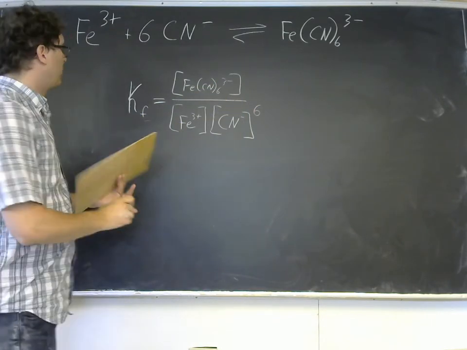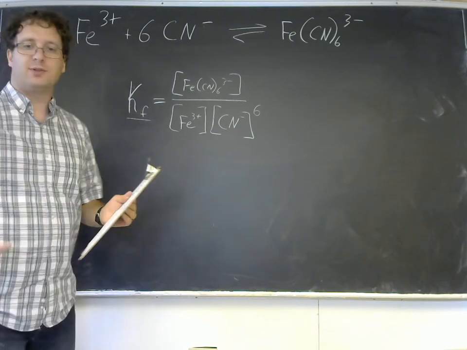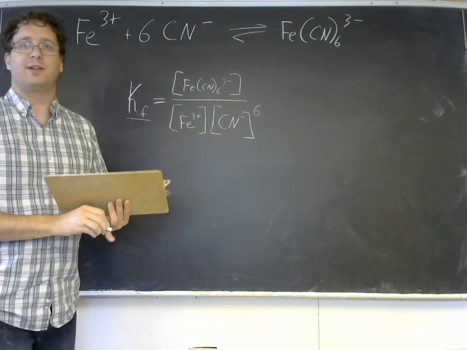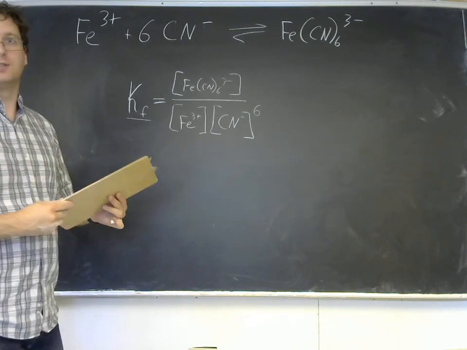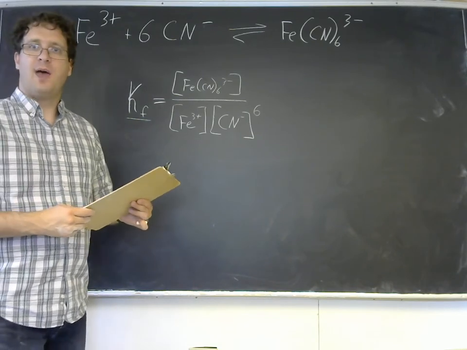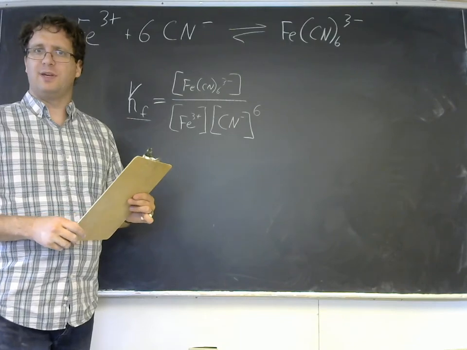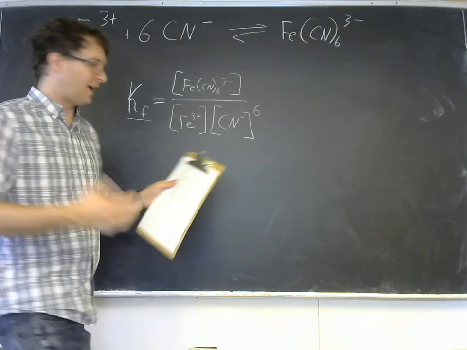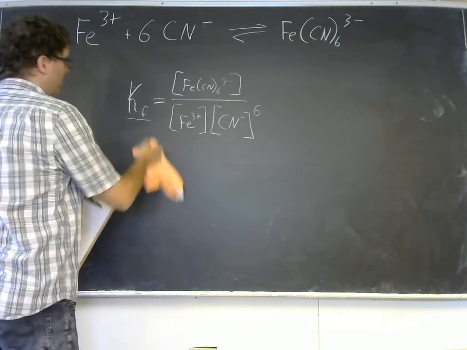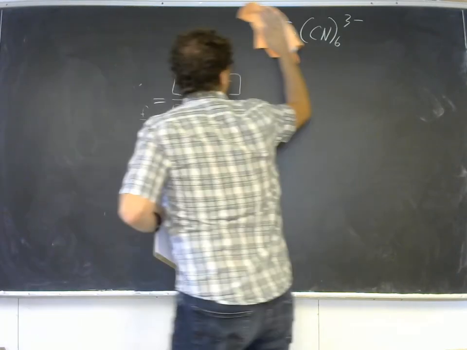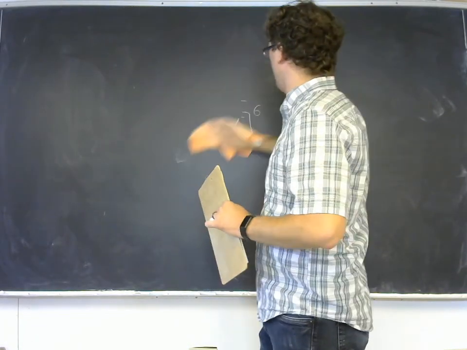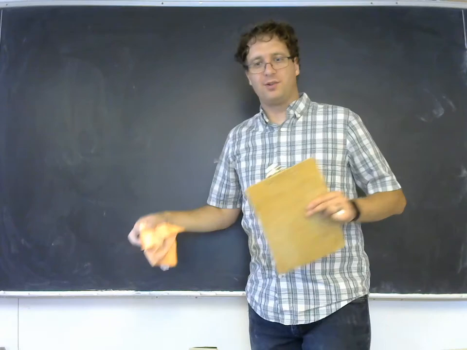And whenever we have a Kf, our ultimate goal should be to find the equilibrium concentrations given a certain set of starting conditions. But these problems are a lot different than what we've seen before. And to illustrate that, let's do a practice problem. And we'll try to solve it kind of naively the way we have been doing. And I'll just tell you now, that's the wrong way.